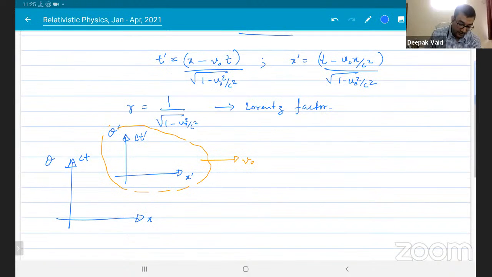Then you look at any single point in space-time, right? Now the thing is, what are observers?